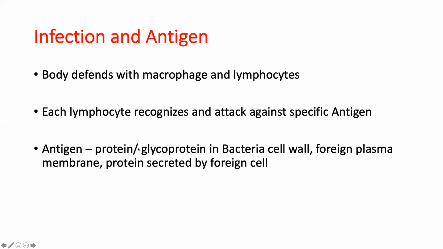The body defends with macrophages and lymphocytes. Where do we get lymphocytes from? They originate from the bone marrow and thymus gland. They are produced in the bone marrow, and they mature either in the bone marrow or in the thymus gland. These lymphocytes, either B or T lymphocytes, together with macrophages, defend the body against the antigen. Each lymphocyte will recognize and attack a specific antigen.